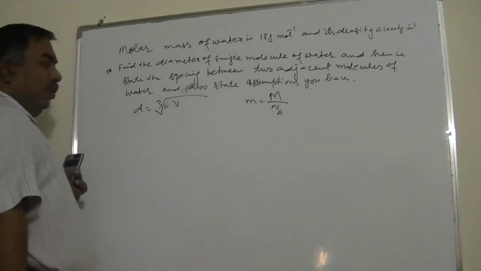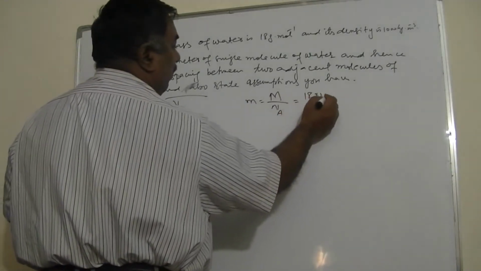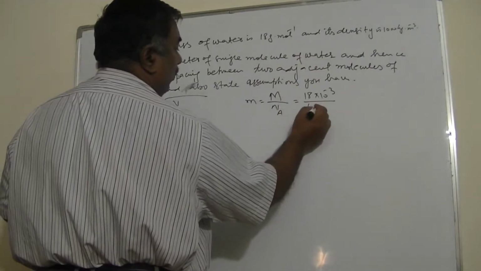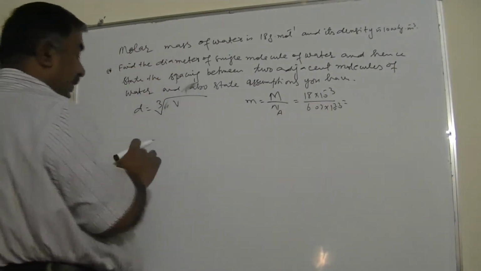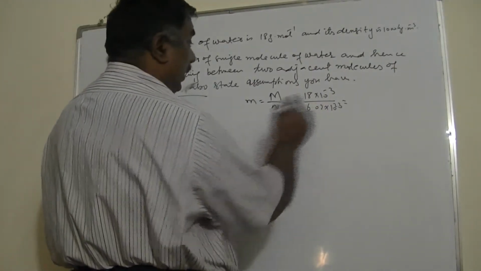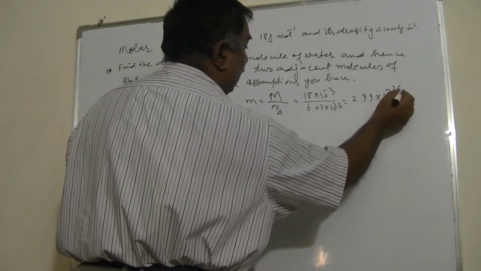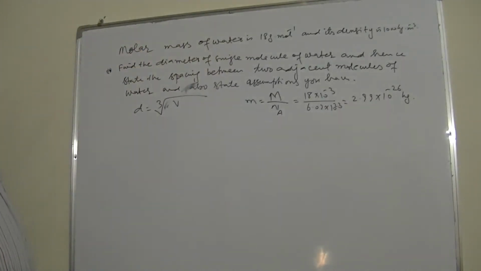Mass of a single molecule is molar mass divided by Avogadro's number. Molar mass is 18 into 10 power minus 3 kg per mole, and Avogadro's number is 6.02 into 10 power 23. This comes out to be 2.99 into 10 power minus 26 kg. Now this is the mass of a single molecule.